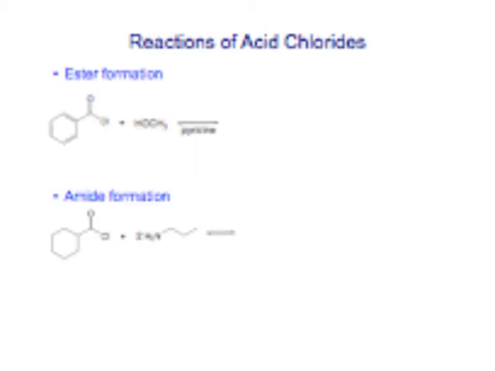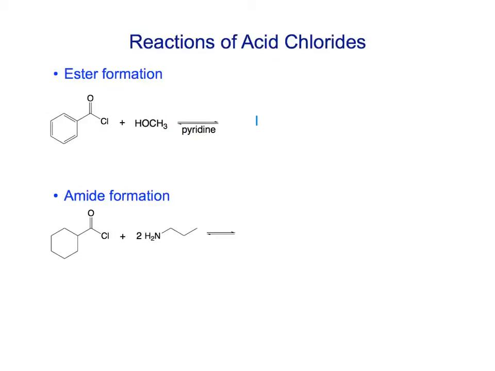So, moving down the list, we can make esters, we can make amides. Remember, from the acid chloride on the top, we can make everything down below it. I'm not going to draw all these mechanisms. The reaction with ester and the acid chloride would be just like the hydrolysis reaction.